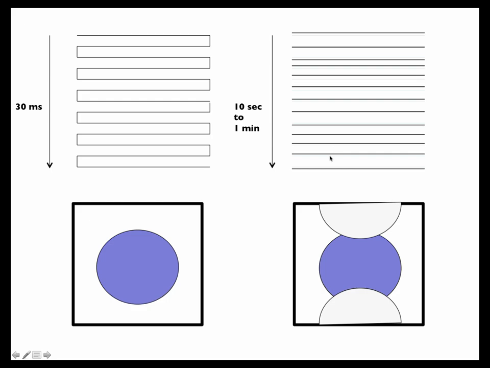If you have a technique that takes 10 seconds to, let's say, 1 minute to collect, you have lines of k-space that might be at slightly different locations because the phase or the relative location of k-space is affected by these physiologic processes. So you'll get ghosting like this.